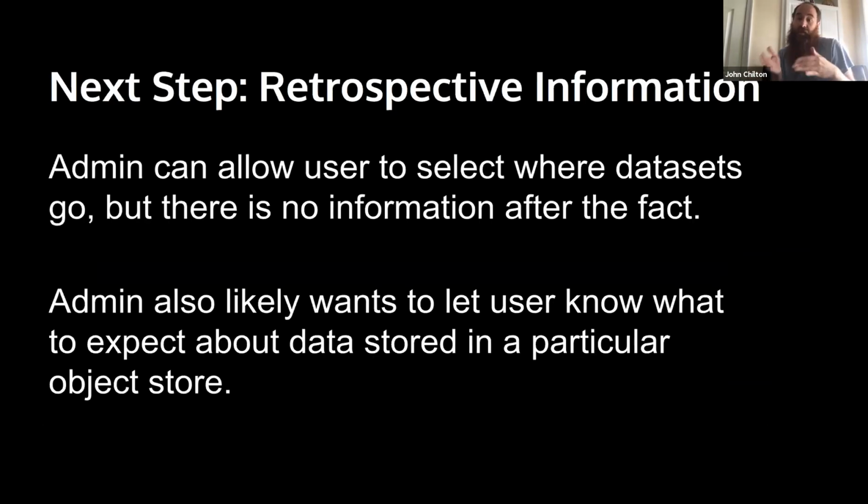That added the ability to really break out these object stores and make them more useful. One limitation still was that users could select where data goes, but there wasn't any retrospective data other than their quota usage. Users would probably want to see on a dataset where it's being stored and what the disk looks like there. If it's on temporary scratch disk, they should know that. If it's on really nice disk, they should know that.